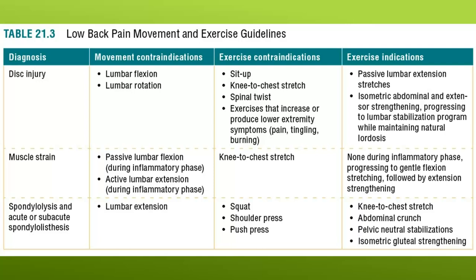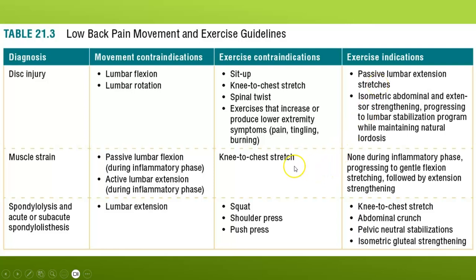With this, you have disc injury to the left, muscle strain, spondylosis, and acute or subacute spondylolisthesis. They break this out into movement contraindications, the things you shouldn't do, exercise contraindications, the things you shouldn't do, and then exercise indications, the things you should do.